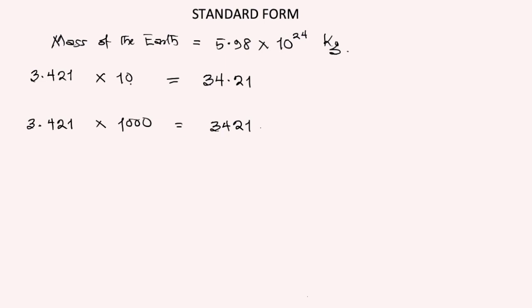Here, where we have 10, which is a quick way of remembering this, the decimal place moved one place to the right. So it was 3.421 and now we have 34.21. And for 1000, where we have 3 zeros, the decimal place moves 3 places to the right. So from 3.421, we have 3,421.